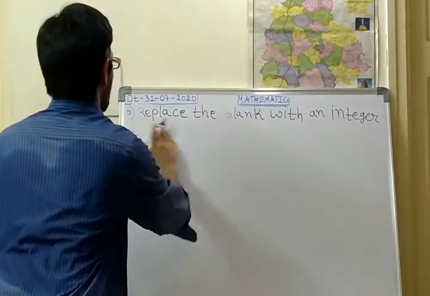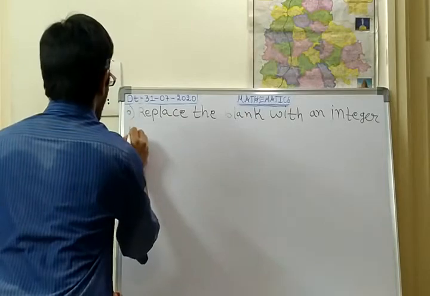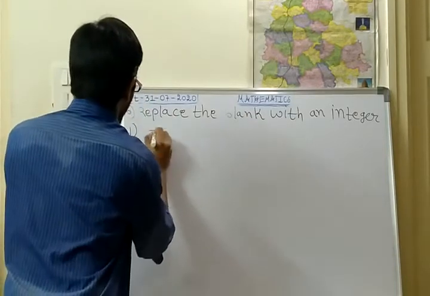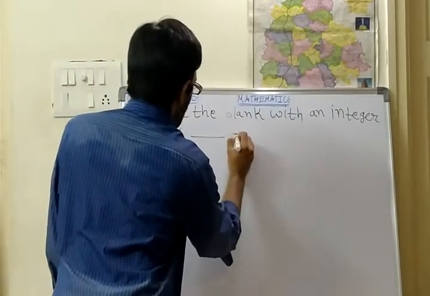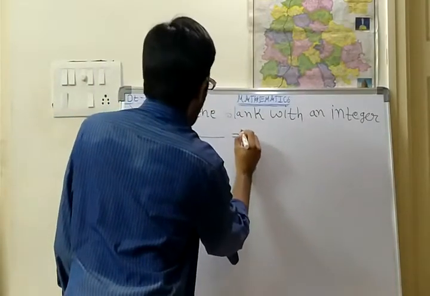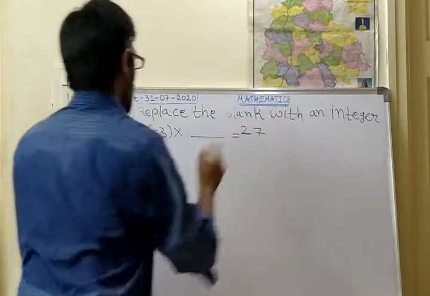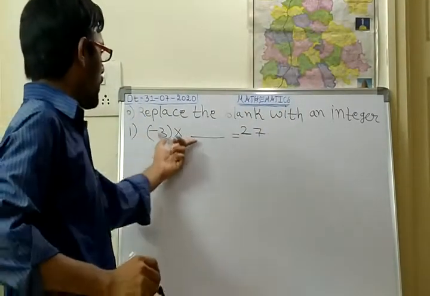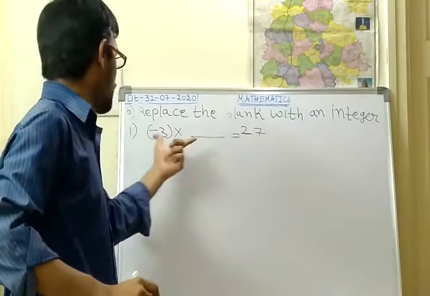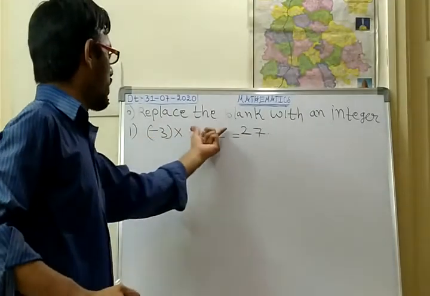The first one, I am saying, see: minus 3 into dash is equal to 27. This is the first problem. Minus 3 into dash is equal to 27. In this dash, what will be the correct number?